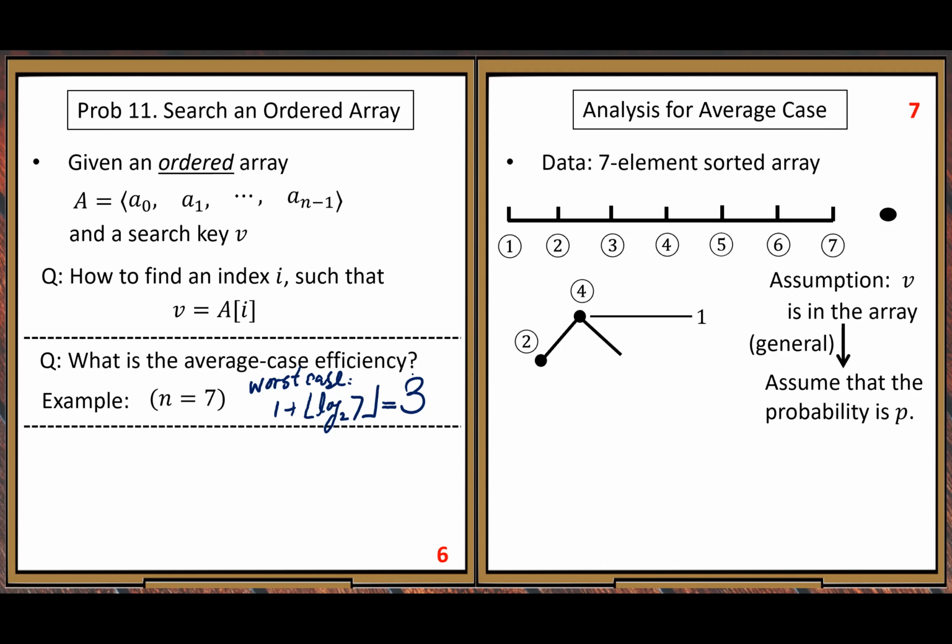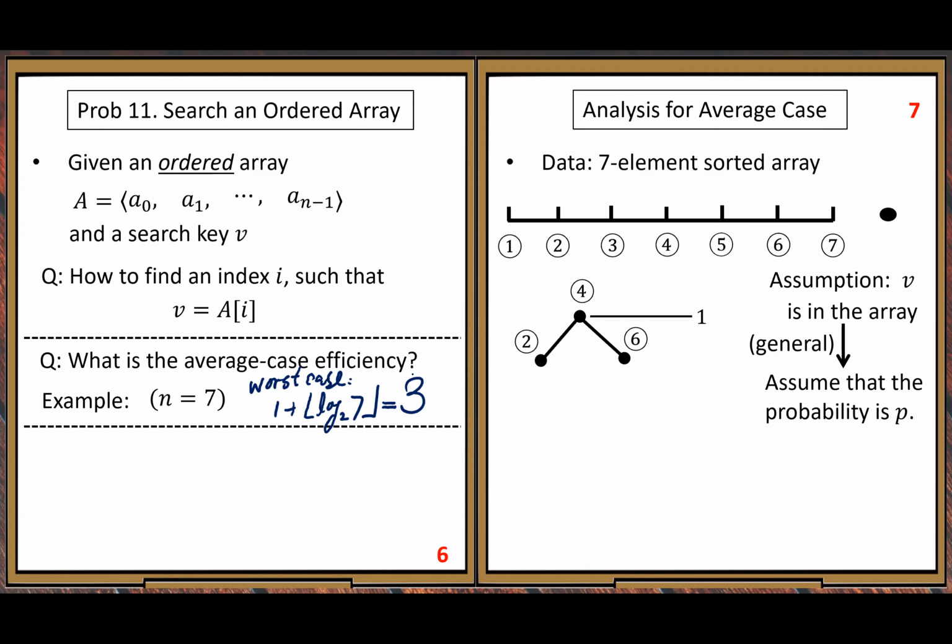For the left branch, we have 3 elements, and for the second comparison we need to compare V with the element at position 2. So we put this node as the root of the left branch.